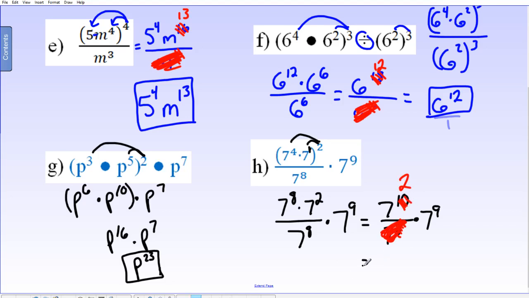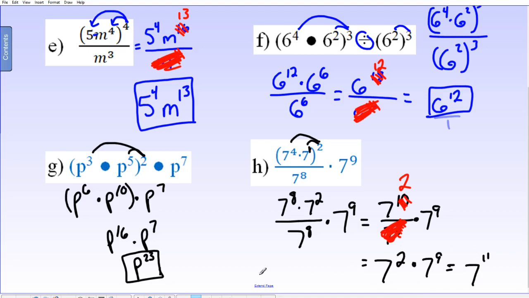So this becomes 7 squared times 7 to the 9th power. And my final last step is, if I combine these together, I have a total of 11 sevens being multiplied together. 2 here, 9 here, total is 11.